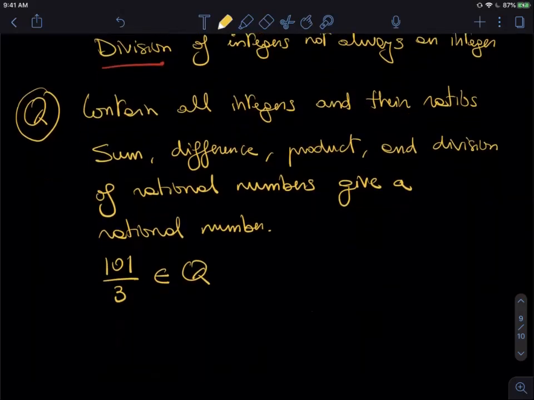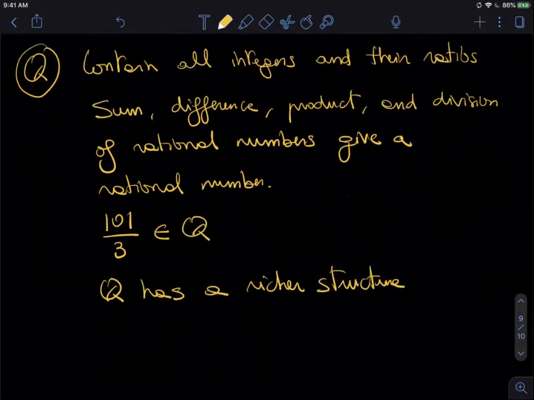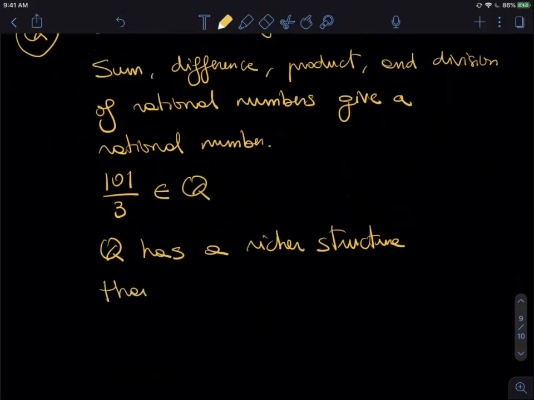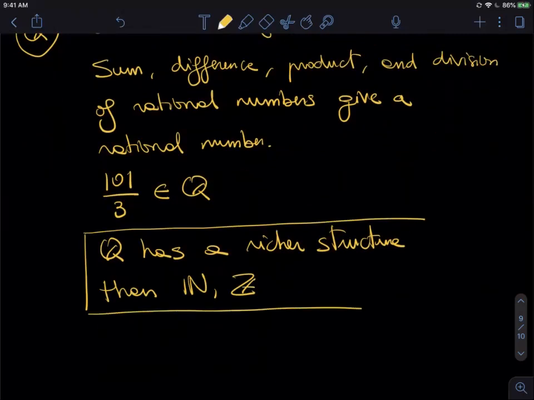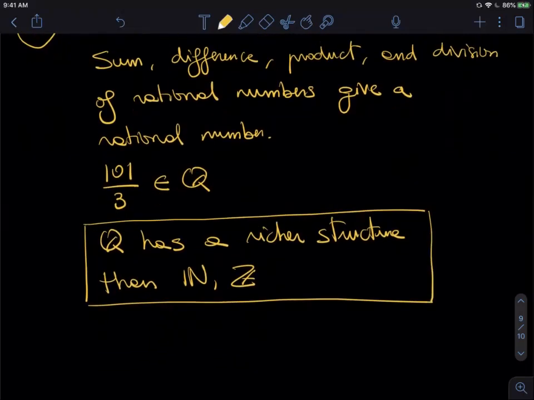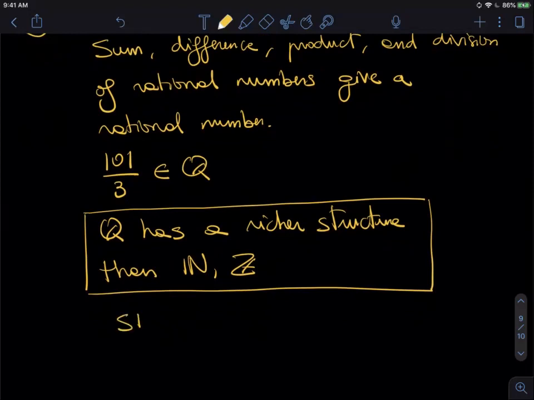So here, if you notice, the rational numbers have a richer structure than the natural numbers and the integers. The structure of Q, the rationals, is the structure of a field. And we will define this very carefully very soon.